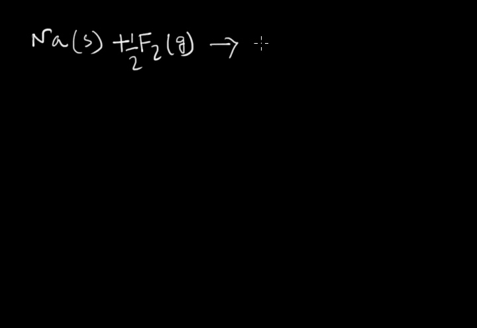As a result, sodium fluoride NaF is formed. It is solid, and the energy released during this process is called the enthalpy of formation. It is represented by delta HF.